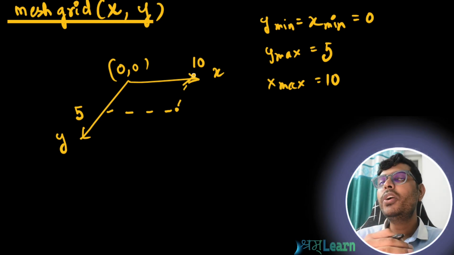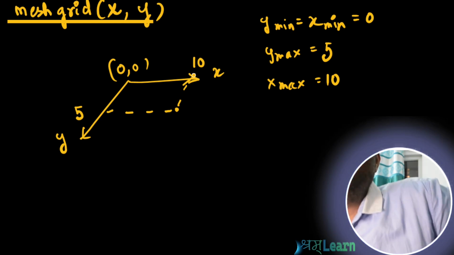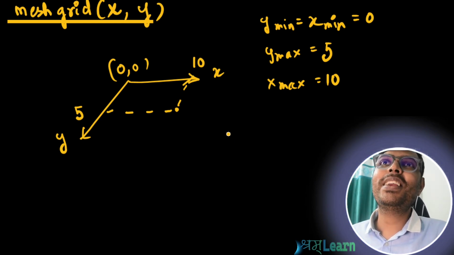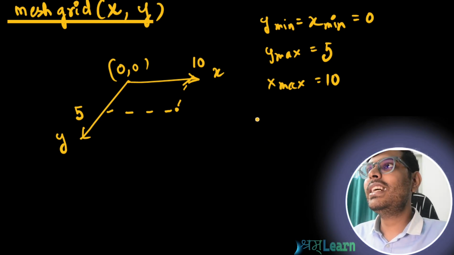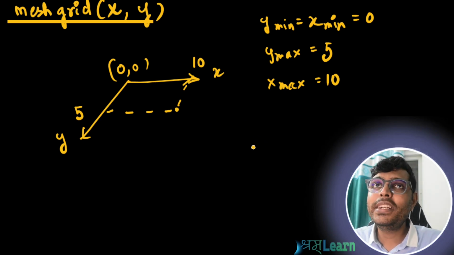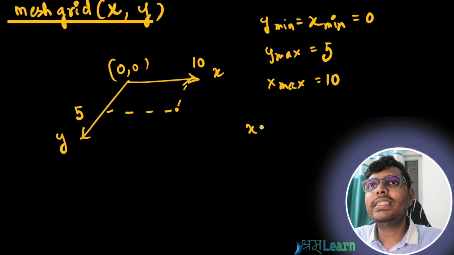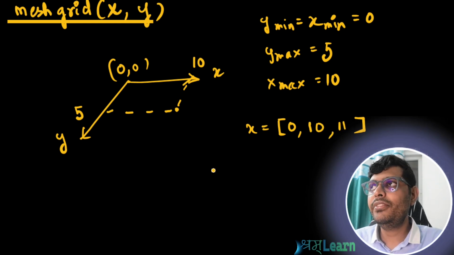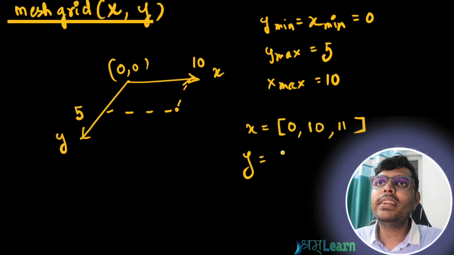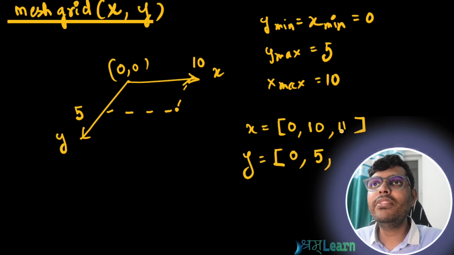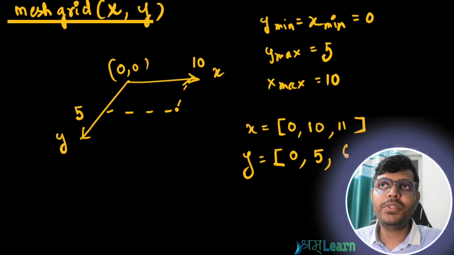And at what points do we want to compute the function f of x comma y? The points are all the integer points. Let's suppose x is an array starting from 0 ending at 10 having 11 elements in between. Y is an array starting from 0 ending at 5 having 6 elements.